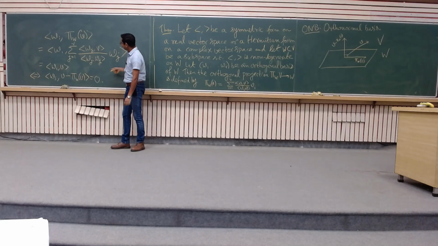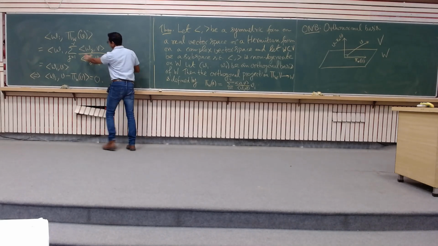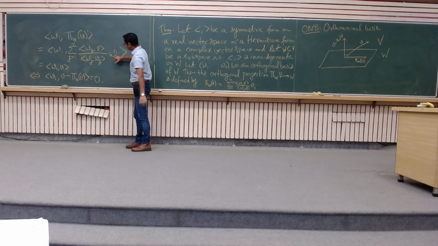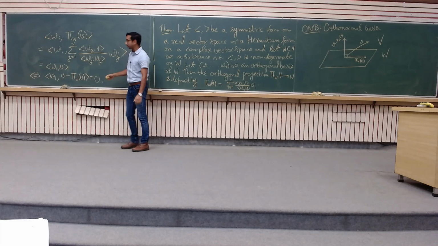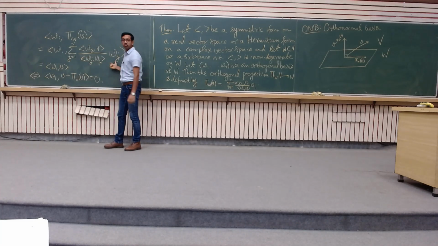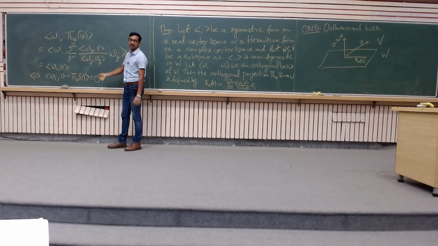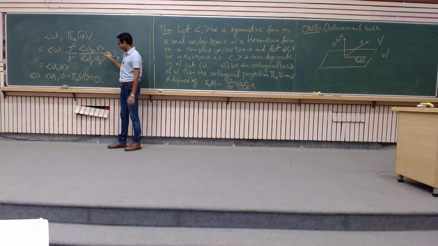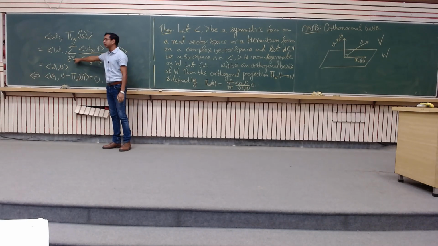In each term you will get Wi, some constant times Wj. That constant you can take out, and inside you will have ⟨Wi, Wj⟩. Now ⟨Wi, Wj⟩ will be 0 unless i is equal to j. So only that thing survives. Everything else is killed by the form with Wi.